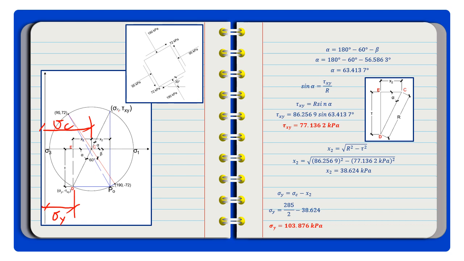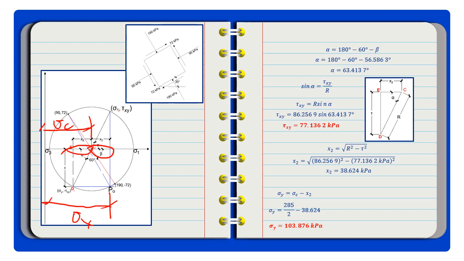Then, to calculate naman for the value of the sigma x, since nandun siya on the right of our center of the circle, so meaning this one should be sigma x. Ngayon, since parehas lang yung values nung alphas natin, so ibig sabihin, yung horizontal part ng segment EC is parehas sa horizontal part netong supplement or ng vertical plane.